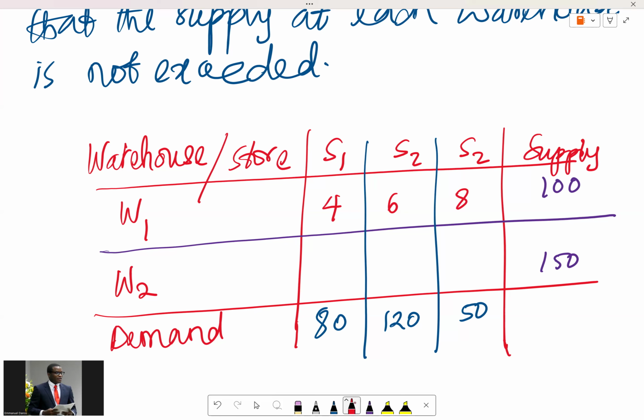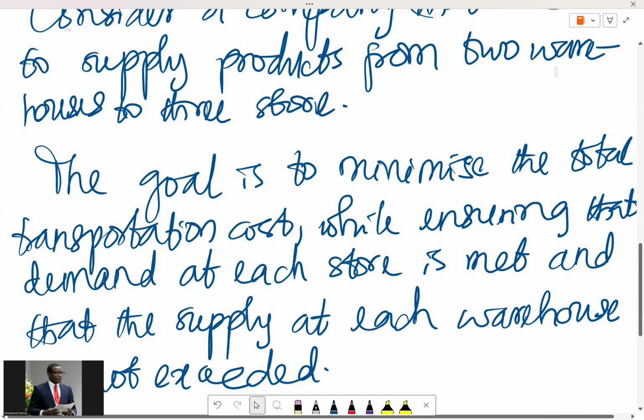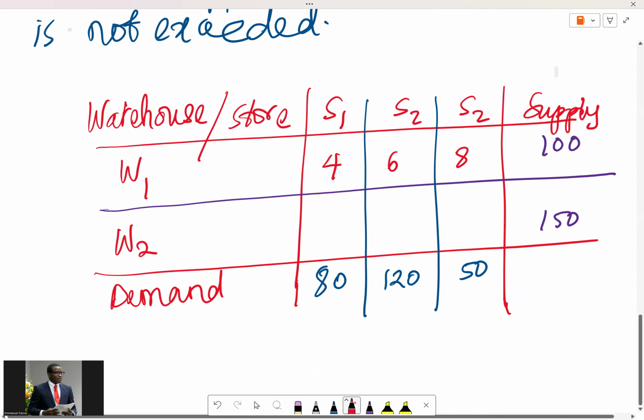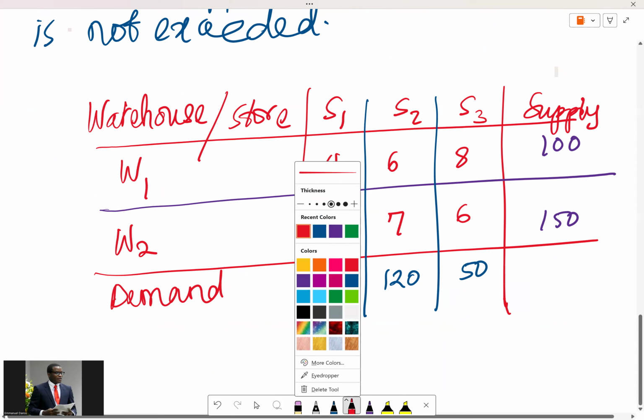So the cost to move one product is $4 from warehouse one to store one, $6 from warehouse one to store two, $8 from warehouse one to store three. Then from warehouse two to store one is $5, warehouse two to store two is $7, warehouse two to store three is $6. So that's the kind of setup we have for this.